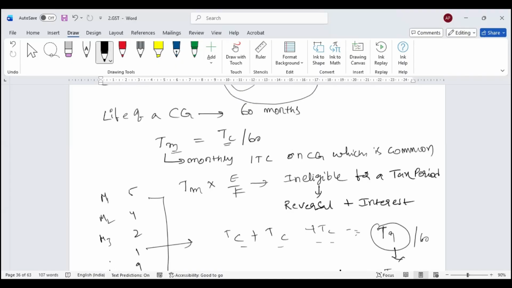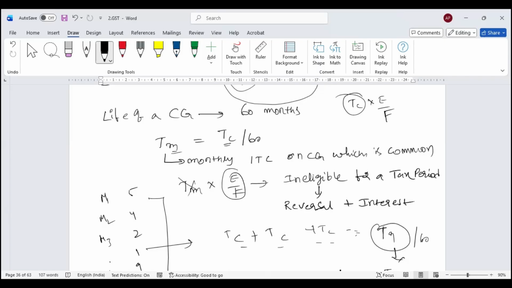But in practicality, instead of TM, we reverse the total credit, this TC, into E by F. Instead of doing that monthly, M1, M2, till month 60, my total credit, I do this reversal E divided by F. When we did this, it's a bulk amount, instead of that small amount, like 60,000 divided by 60, I get 1,000 per month.